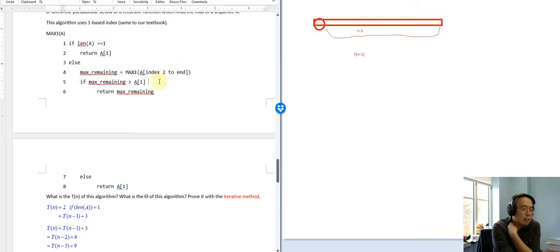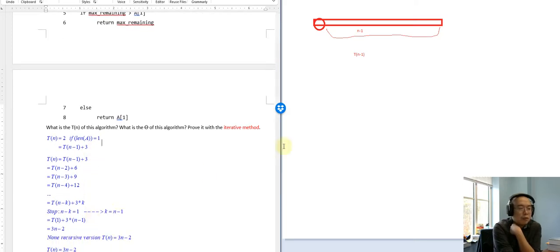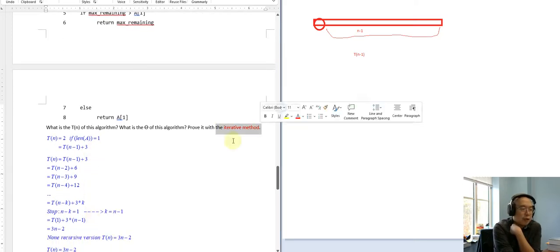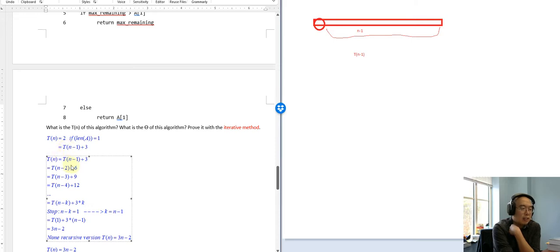And then we check this condition, and based on this condition, we are going to either return this line or this line, right? So this will give me Tn equals T(n-1) plus 3. This is the recursive definition of the Tn.